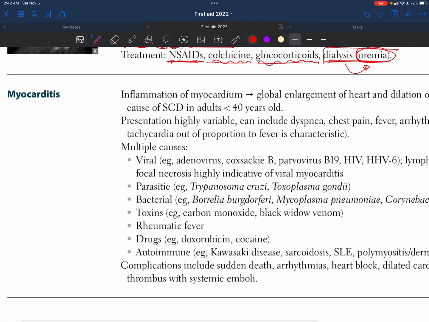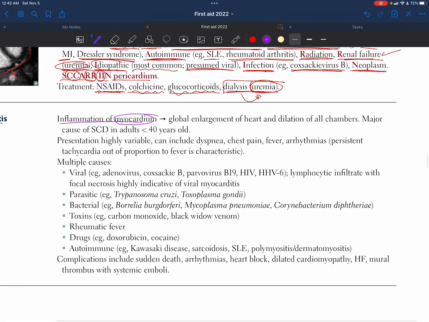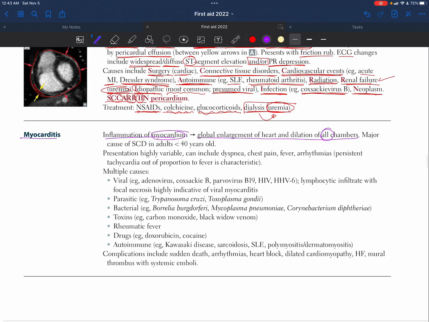While the other disease that we're having here is myocarditis. So it's an inflammation of the myocardium, all of it, not like the cover. There is global enlargement of the heart and dilatation of all chambers. So because myocarditis is not specific to one part of the heart, we can say that the whole heart is enlarged and there is dilatation of all of its chambers.